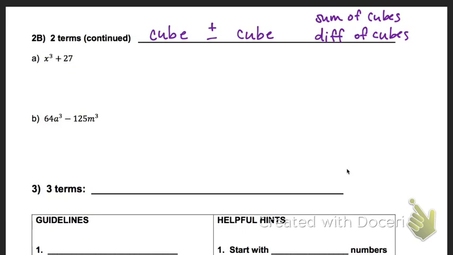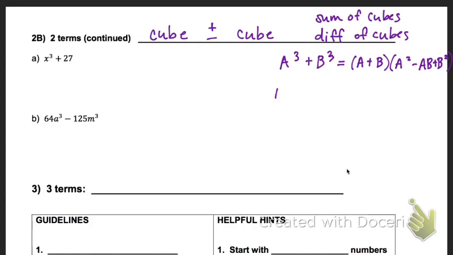The formula for this: if you have a cubed plus b cubed, like part A, the way you factor, and this just has to be memorized. There's really no shortcut for it. It's a plus b, times a squared minus ab plus b squared.